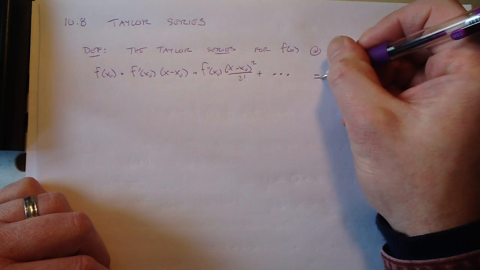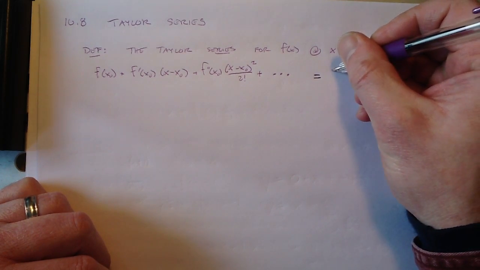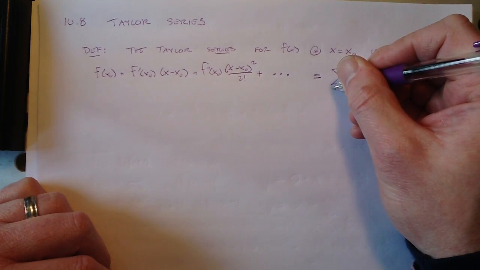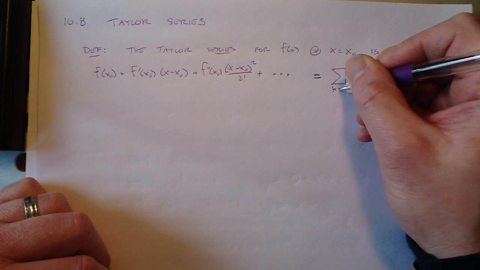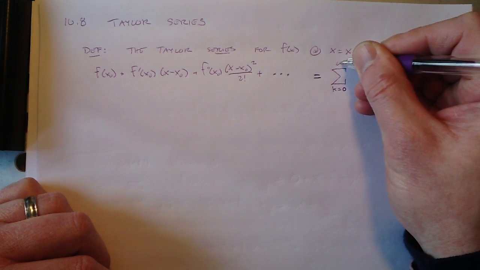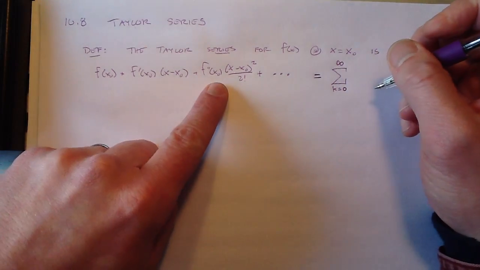And a little bit neater way of writing this would be to say that it's the sum from k equals 0, notice that I'm starting at 0 here, to infinity, of what does one of these look like?